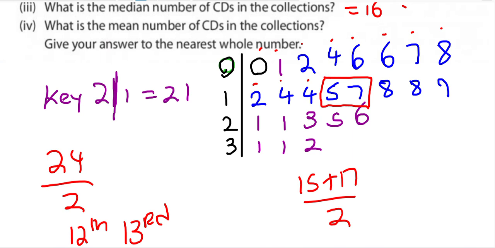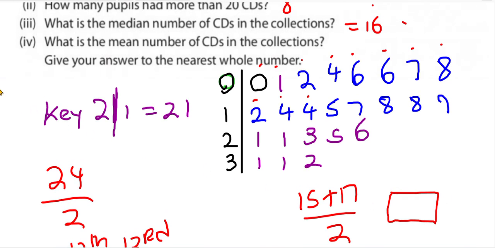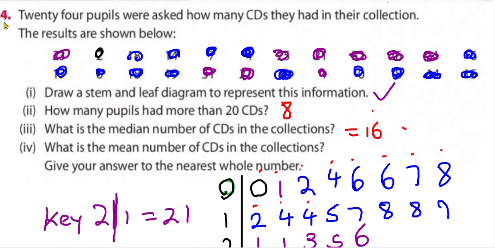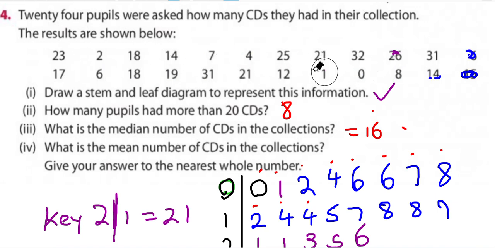Now, unfortunately for us, they actually want the mean. When you're doing your Junior Cert, you might have wanted to use pencil, because you might need to rub all this out again. What you're going to do is add up all 24 numbers and divide by 24.